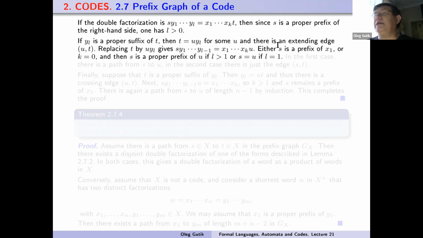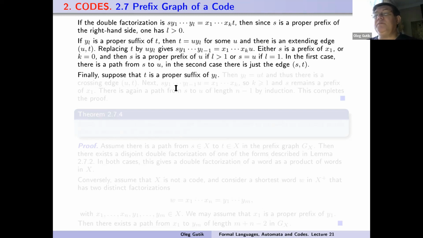Either the word s is a prefix of the word x1 or k is equal to 0, and then the word s is a proper prefix of the word u if l is greater than 1, or s is equal to u if l is equal to 1. In the first case, there exists a path from s to u. In the second case, there exists just the edge s t. Finally, suppose that the word t is a proper suffix of the word yl.